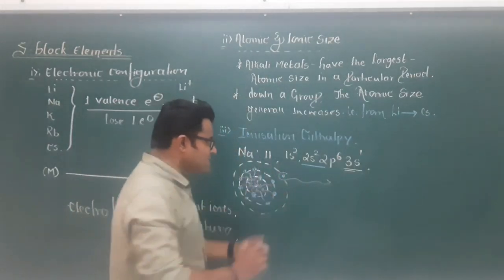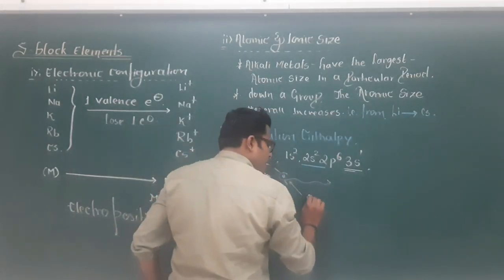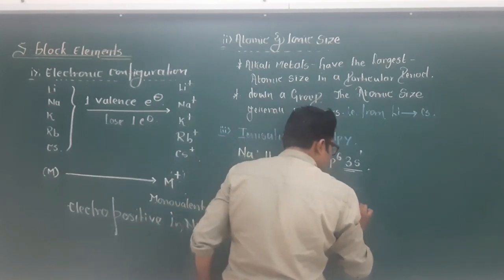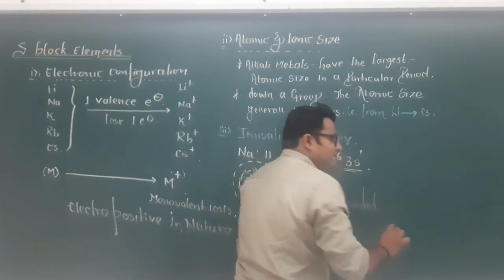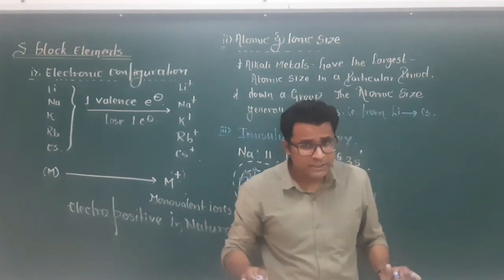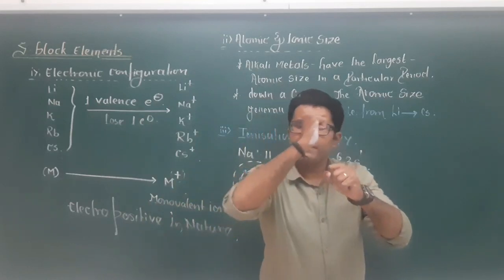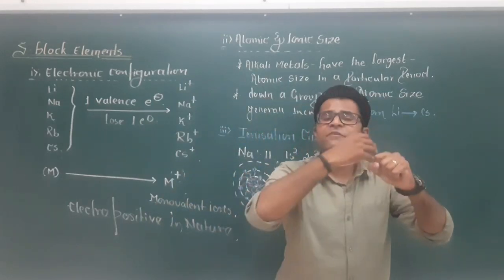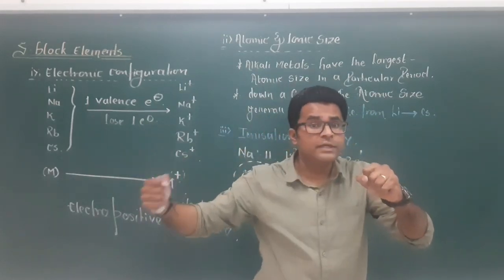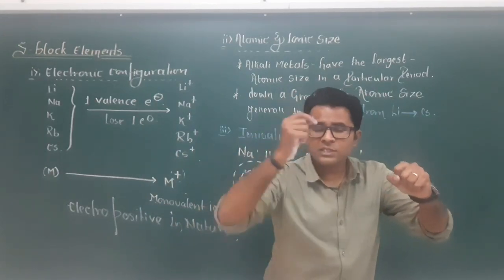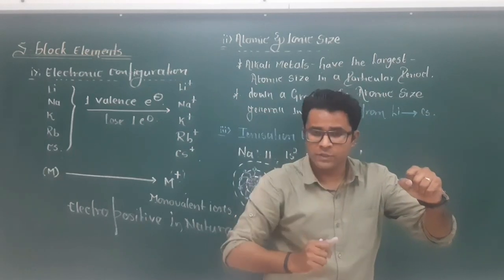We can consider this electron as loosely bonded with that particular atom, because it is perfectly screened and shielded from the nuclear charge, so we can remove the outermost electron very easily just by applying some amount of energy.